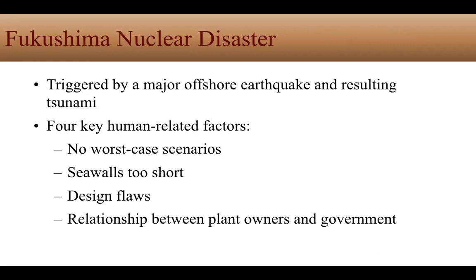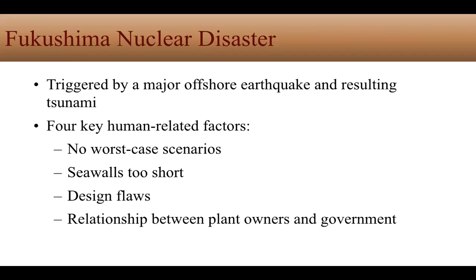Now that disaster happened because of a natural disaster, but it could have been prevented had a little more planning taken place. The nuclear power plant company was cozy with the government. The government did not require them to build in all of the protections that were recommended, and so that's things like the seawall being too low, because the tsunami came and damaged it.